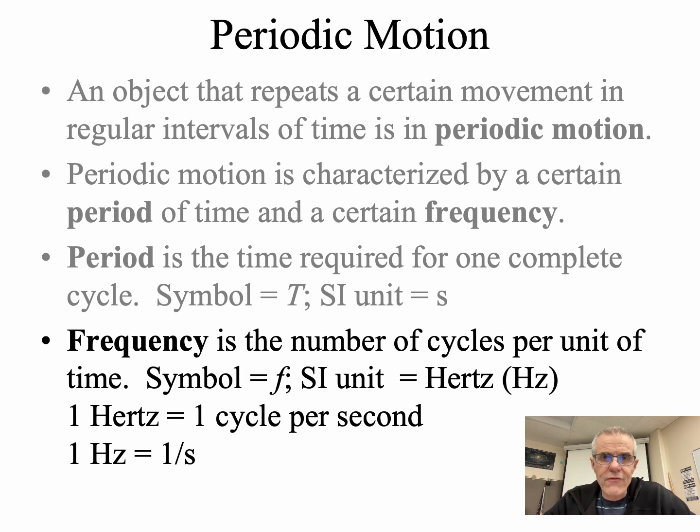The SI unit for frequency is the hertz, named for a scientist. You might have heard of hertz, as in kilohertz or megahertz, associated with radios and radio stations. Hertz means 1 cycle per second. 1 hertz is equivalent to 1 cycle per second, or simply 1 over seconds, the reciprocal of seconds.